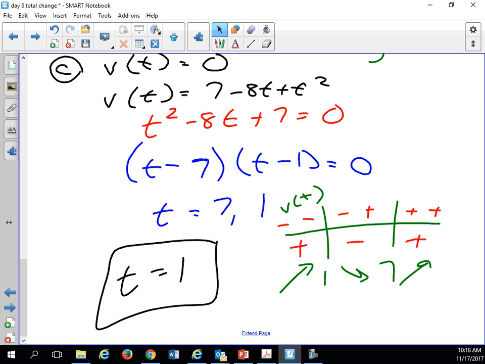The last piece says we're farthest to the right and farthest to the left. What's another way for me to say farthest to the right? Maximum.